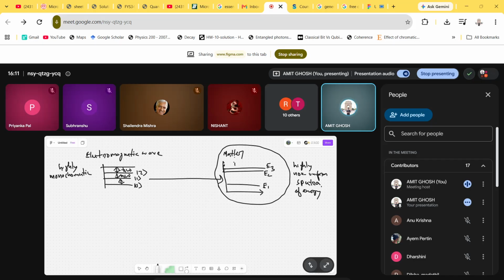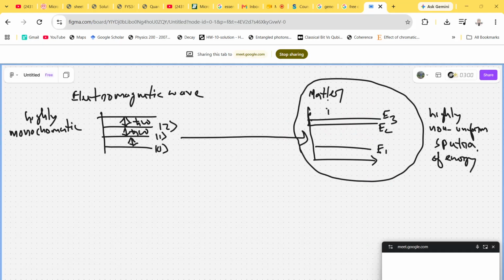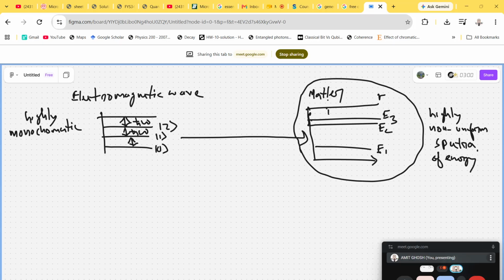But when you study light matter interaction, like in the first two lectures, you assume one is ground, one is excited. Why two? What about the other energy states like E3, E4? There may be E4, right? Why are they not considered?